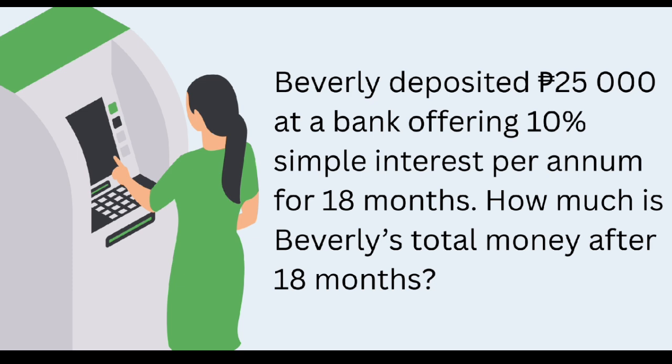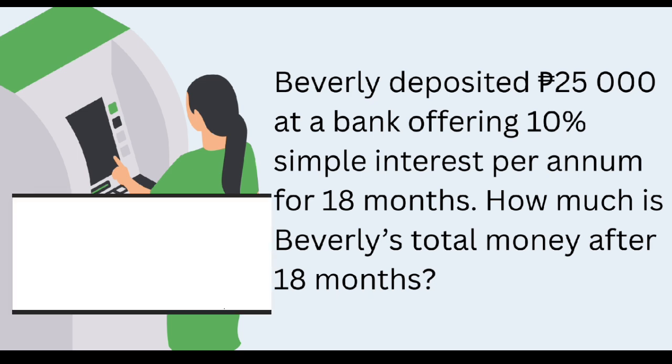So in this given situation, we are looking for Beverly's total money after depositing 25,000 at the bank after 18 months. Since we are looking for the total amount, we will use the formula A, which is the amount, equal to P, which is the principal, added to the interest.